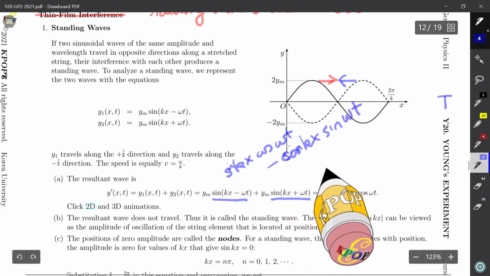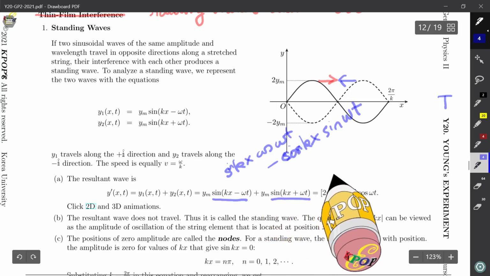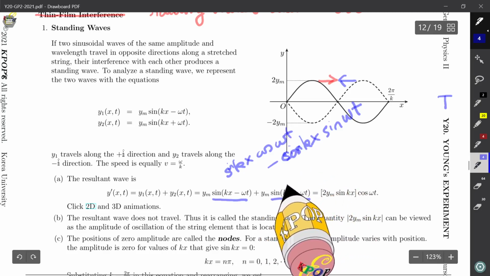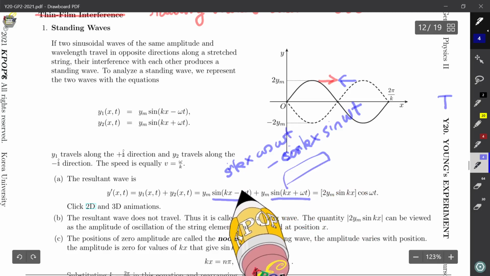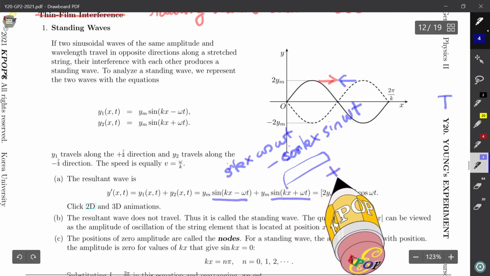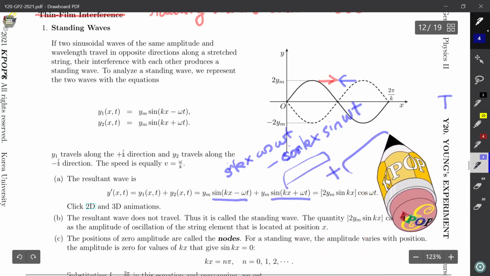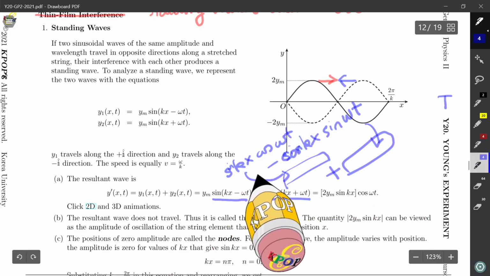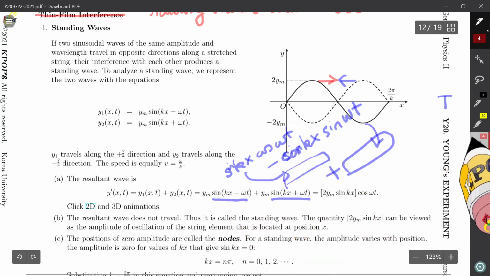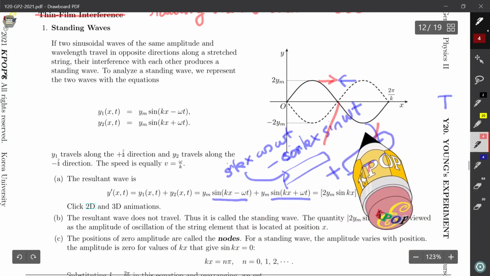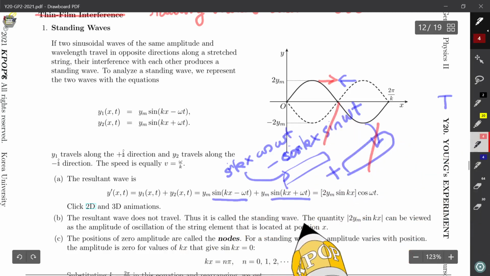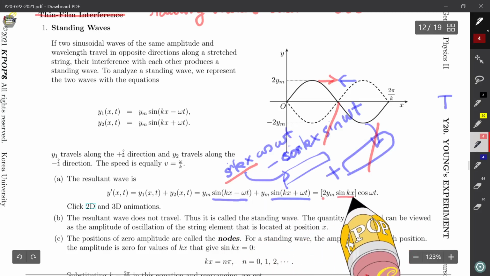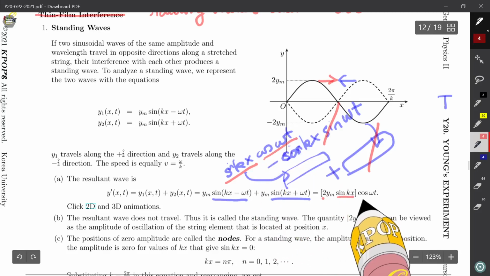In a similar manner, the second one has the same term but the opposite sign for the second term. The first term is doubled and the second term cancels. So we have a factor of 2 times sine kx cosine omega t.